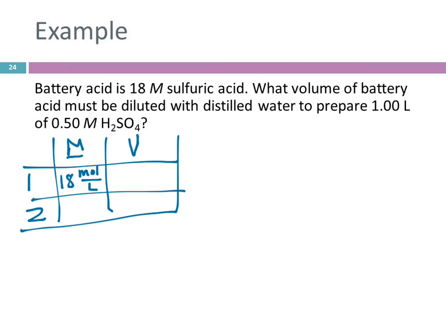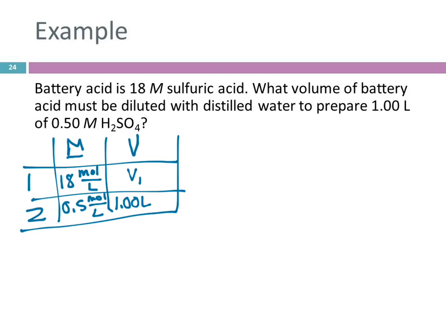Doesn't say anything about the volume. Let's go on and find the other numbers. 1 liter of 0.5. Those go together. So we're going to call that one 2. So 1 liter, that's a volume, and 0.5 moles per liter. I have a blank in my table.